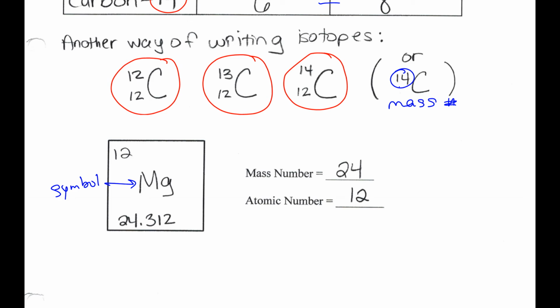And then this is actually the average atomic mass. It's not the mass number. It's the average of all of the isotopes. Now when you round it to the nearest whole number, you're actually rounding it to the mass number of the major isotope, the one that's in the most abundance. And really, that's all you have to know. So the mass number here would be 24, which means the major isotope has 12 neutrons. 24 minus 12 is 12.